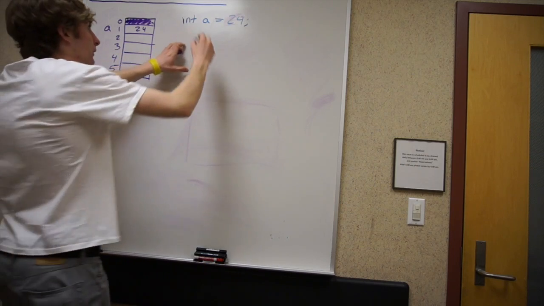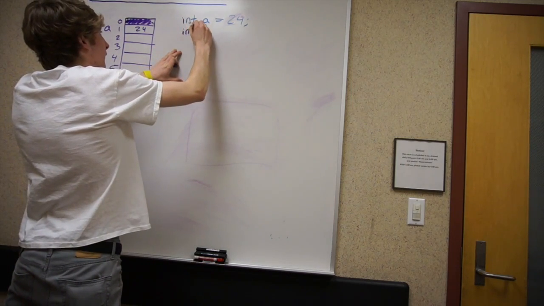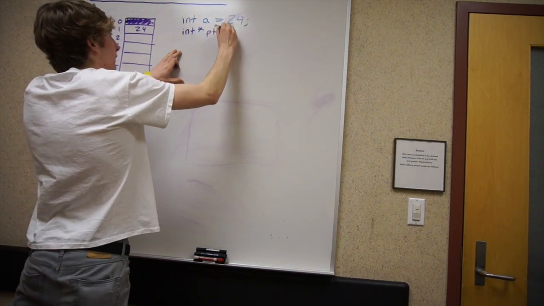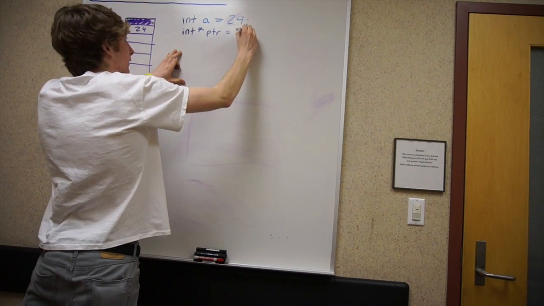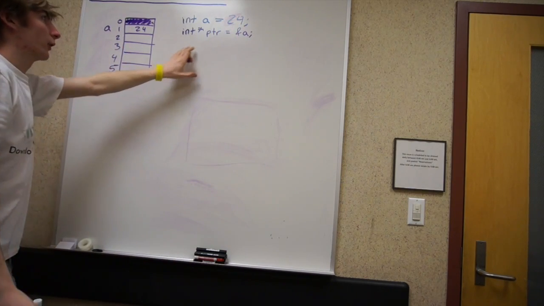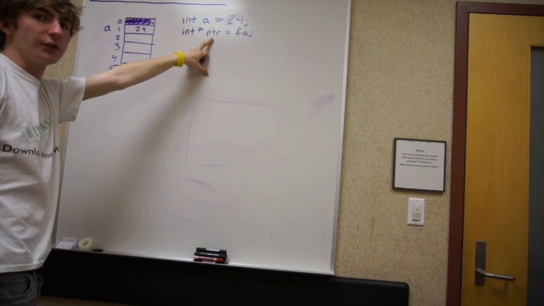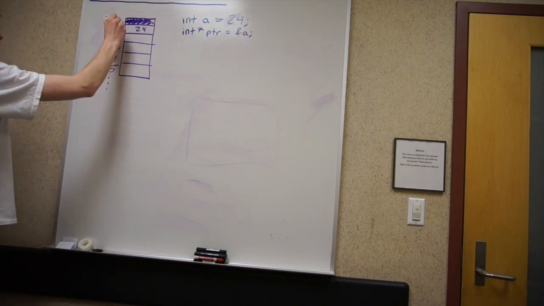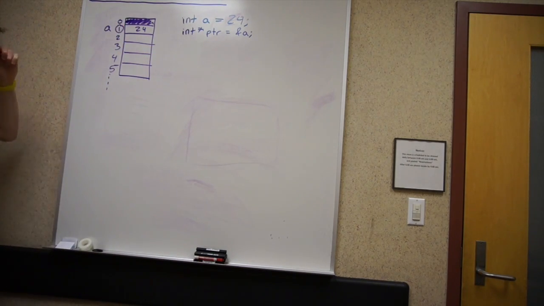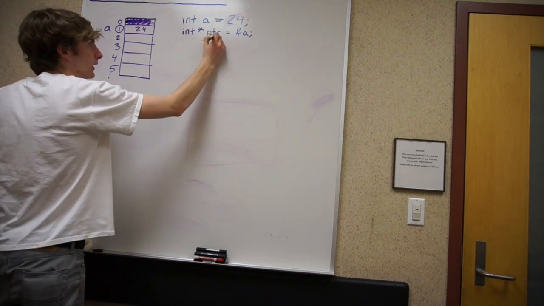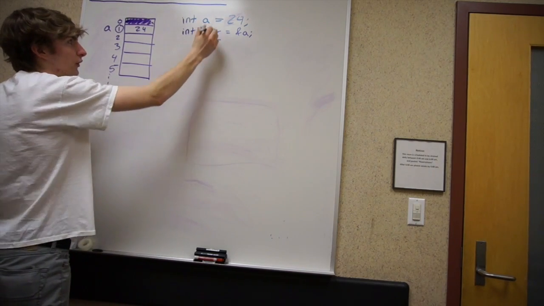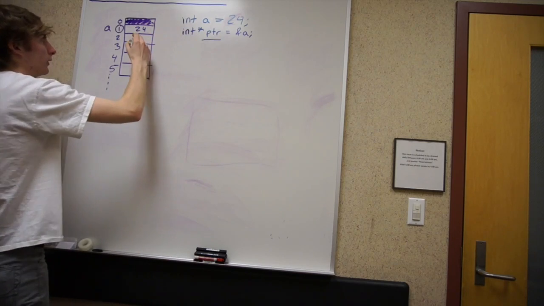Now if you want a pointer, you do int star pointer equals the address of a. And so this pointer is just another integer, and it points to 1, which is the address of a. And since it's just an integer, they're all just numbers, it gets stored in memory as well.